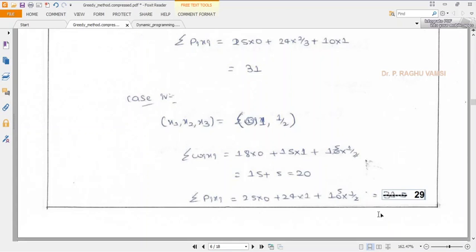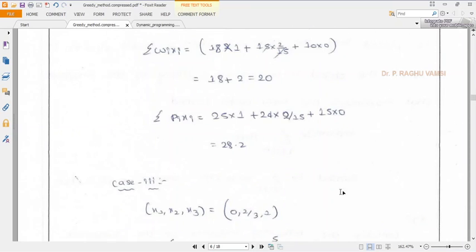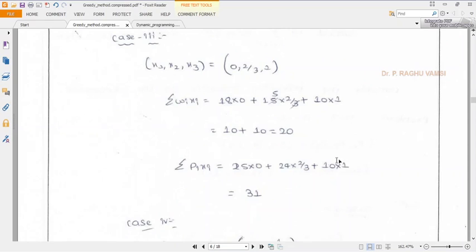So among these three cases, which one is the best? Obviously the case 0, 2 by 3, 1 has the maximum profit, that is 31.